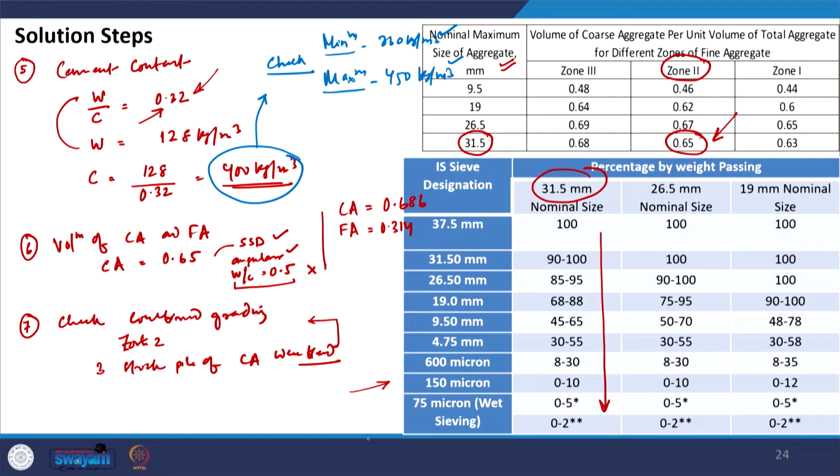So, some iteration, some adjustment may be required even after doing this calculation which we have just done. So, I am assuming that with 68.6% by volume of coarse aggregate and 31.4% of fine aggregate, we are within the prescribed range. So, we will move to the next step, that is the 8th step, that is the mix calculations.